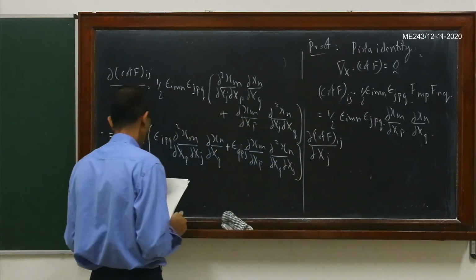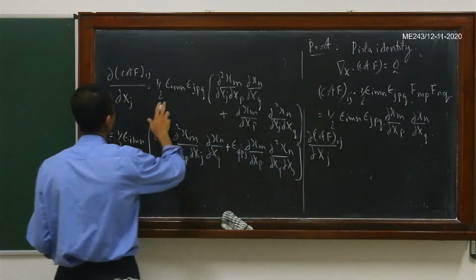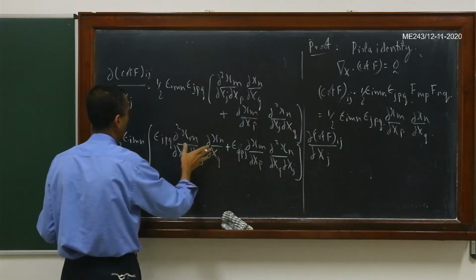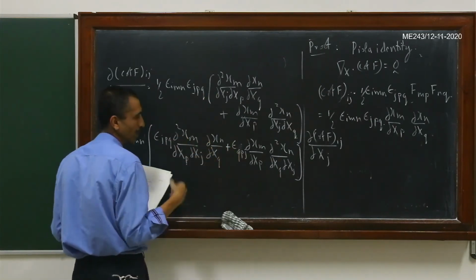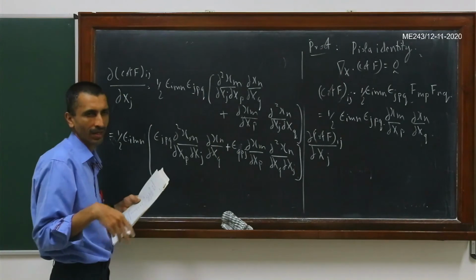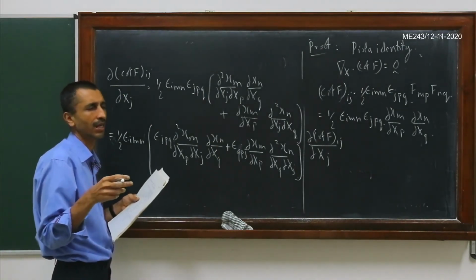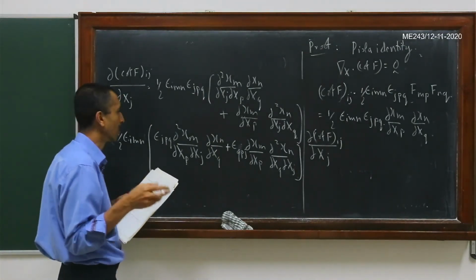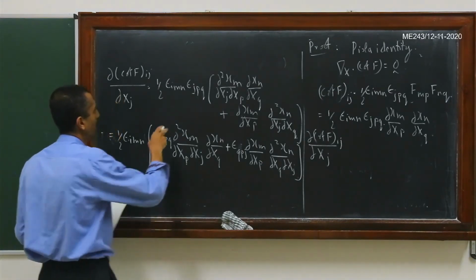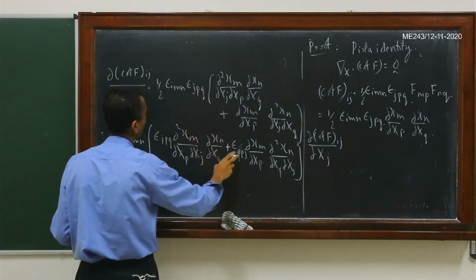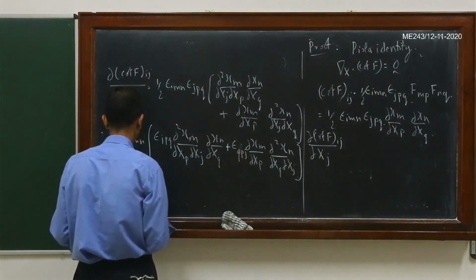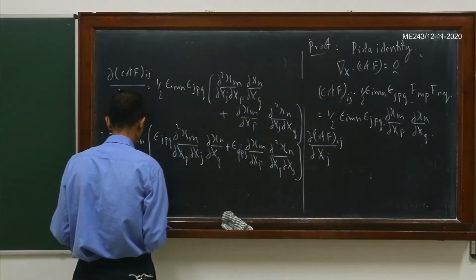Okay. So all I've done is I've just taken this inside and rearranged the indices using the permutation property, that epsilon ijk is epsilon jki and so on. So that permutation property. So instead of epsilon jpq, I have written it as qpj.